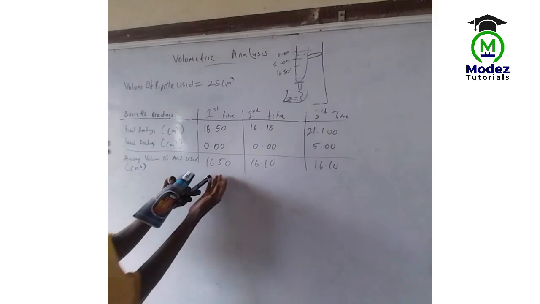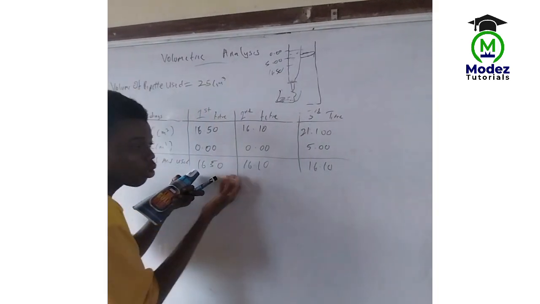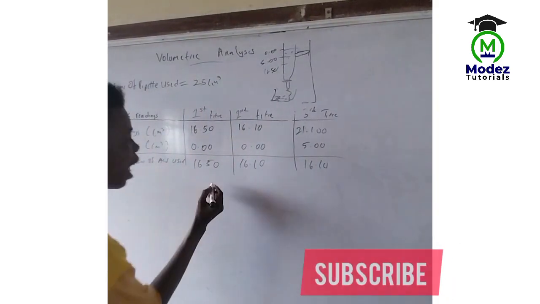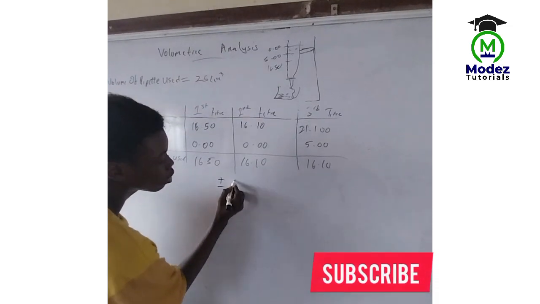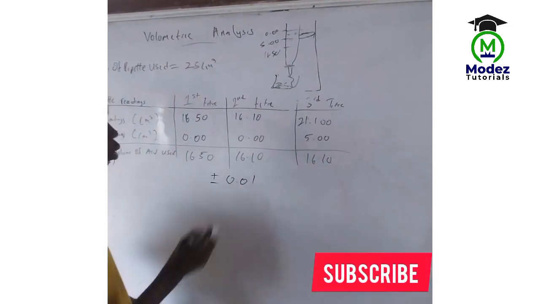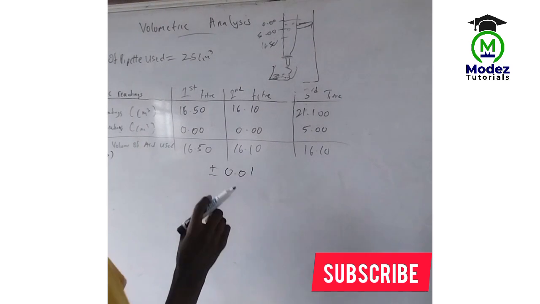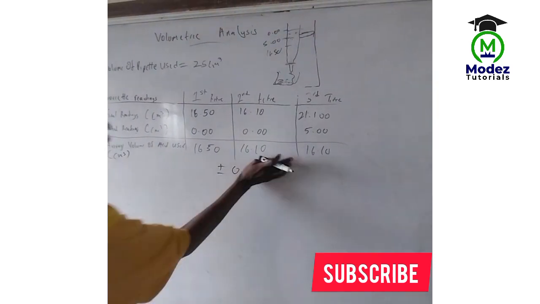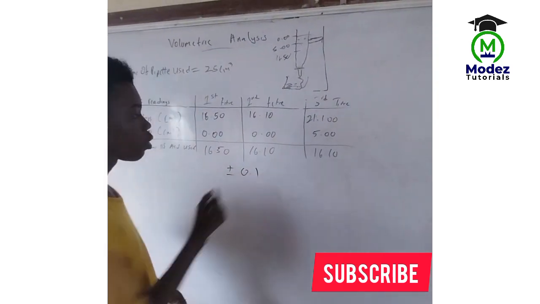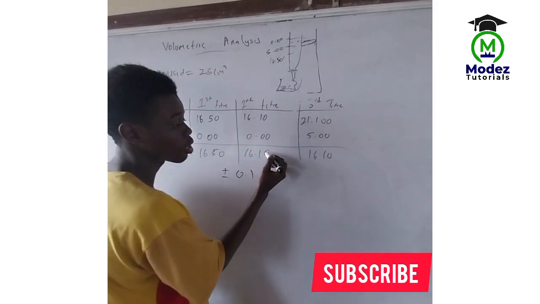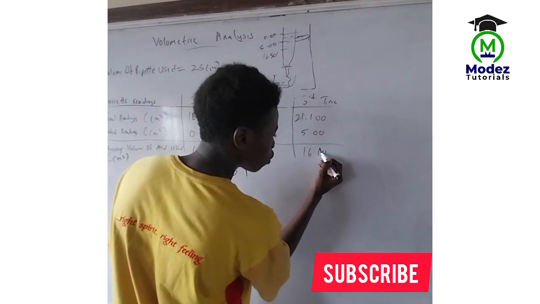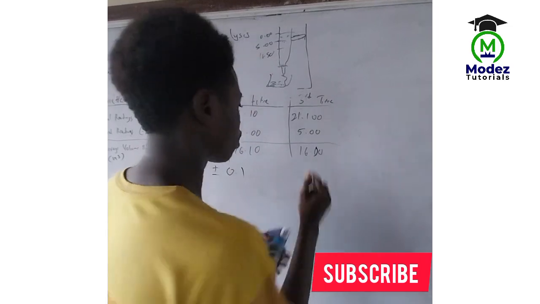If the rough is too far, not concordant, the difference must be at least plus or minus 0.1. So that means if this one is 16.10, this one should be about 16.00.